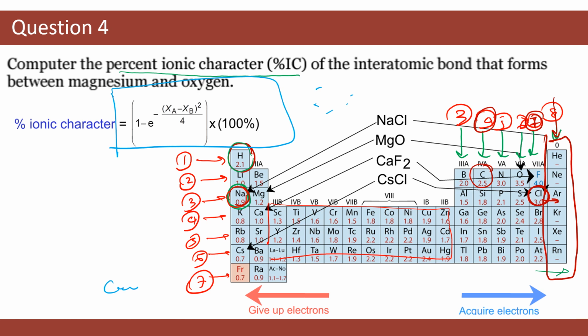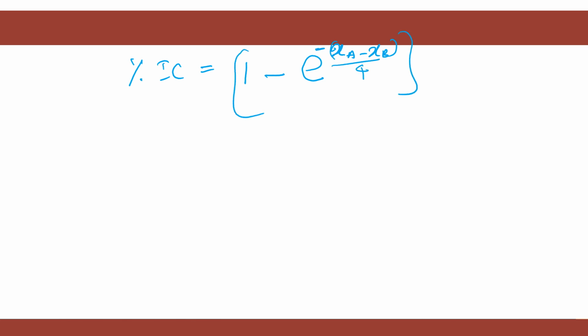The percentage ionic character equation is 1 minus e to the negative (XA minus XB) squared over 4, times 100%. Is that the right equation?